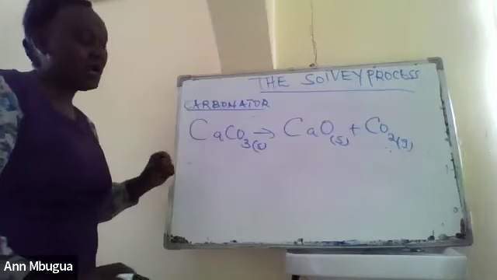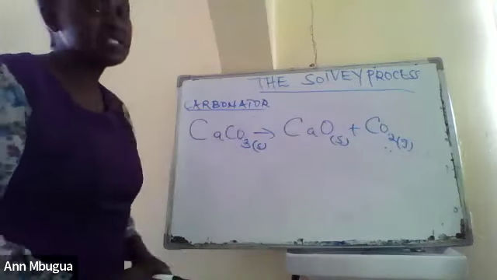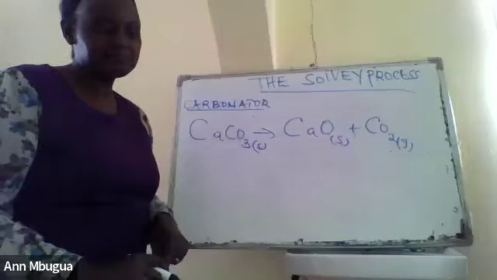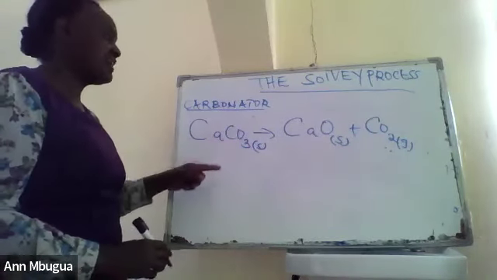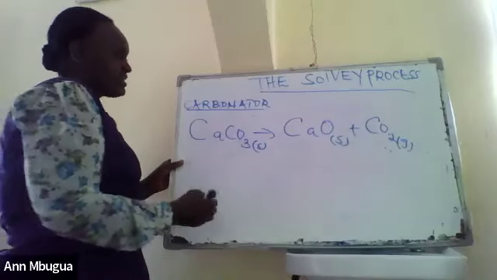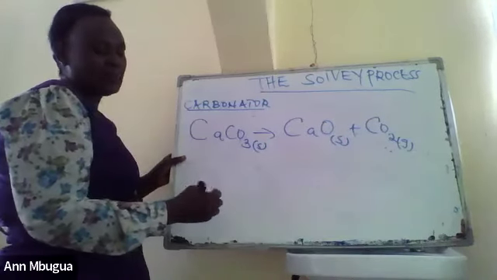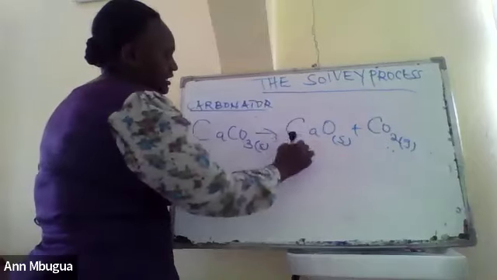This carbon 4 oxide we take to the carbonator. What about this calcium oxide? This calcium oxide is reacted with water in a slaker. It undergoes a process called slaking.